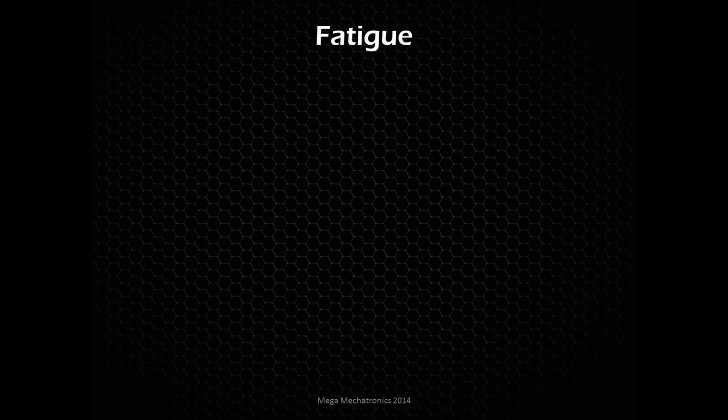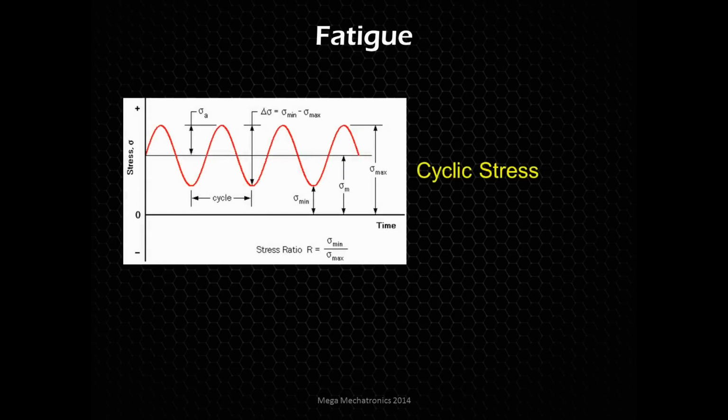All right, let's get into fatigue. So fatigue is typically a cyclic stress on that part. So it's being constantly stressed back and forth. So looking at this chart, you see two scales here, a stress scale on the vertical side versus time. It almost looks like a sine wave, like the power coming into your house or electronics, but this is actually a stress.